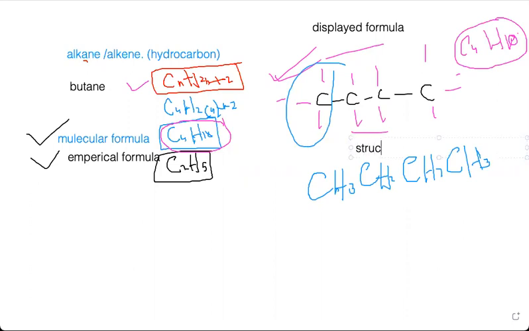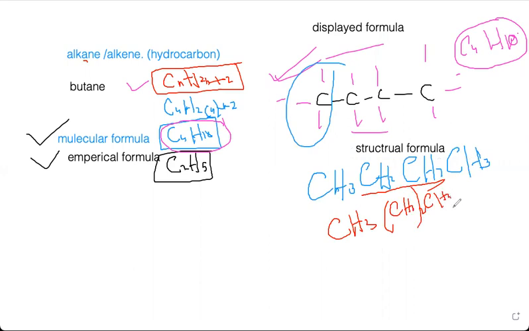This is also acceptable, but you can simplify it a little more: CH3, CH2 in the middle which is twice, and then CH3. This one is better, though the other is also acceptable. Is it clear?